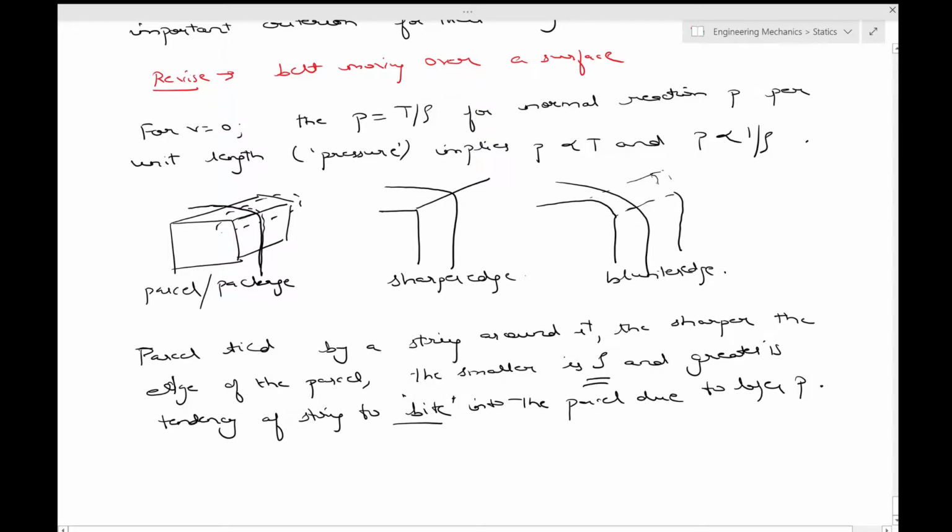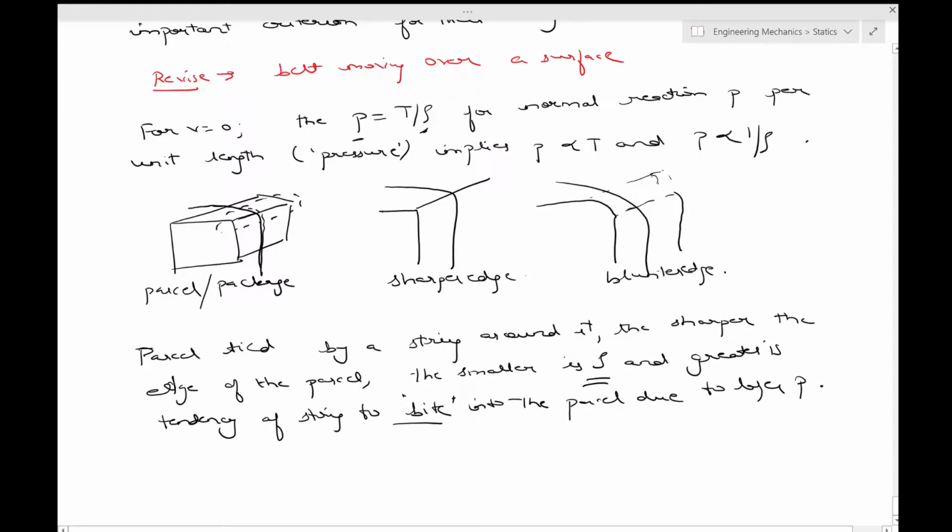And with this curvature being smaller, the greater is the tendency of the string to bite, because if rho is small, then P will be large, and hence there is a greater chance it will bite into the parcel.